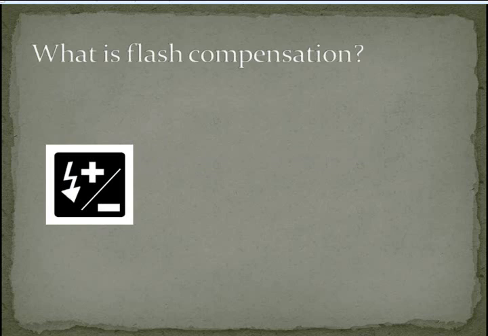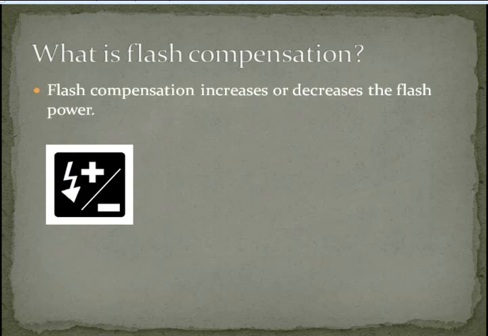What is flash compensation? You're going to see it on your camera, possibly with an image that looks like this one. You're going to see the little lightning bolt, which is a flash, and a plus or minus. Basically, flash compensation increases or decreases the power of the flash.